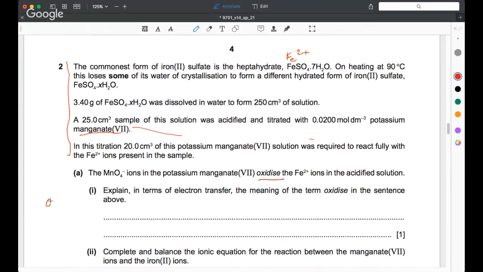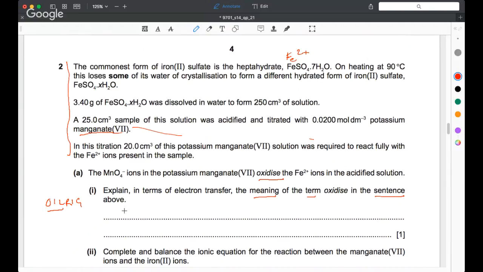You could use your mnemonic, oxidation is loss. Well, you could say, well, oxidation is loss of electrons. But because it's asking for the meaning of the term in the sentence, it's not sufficient just to say oxidation is loss, because you haven't given the context of oxidation in this sentence above.